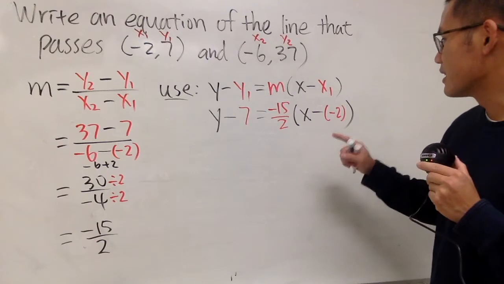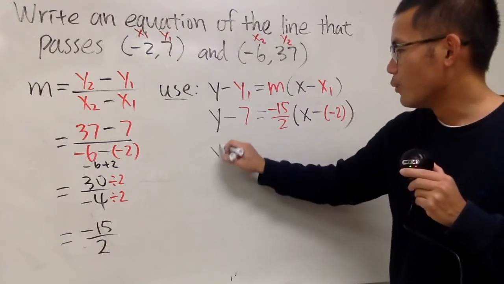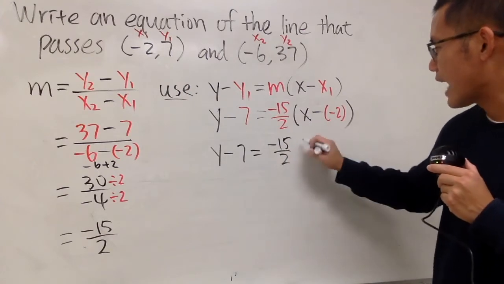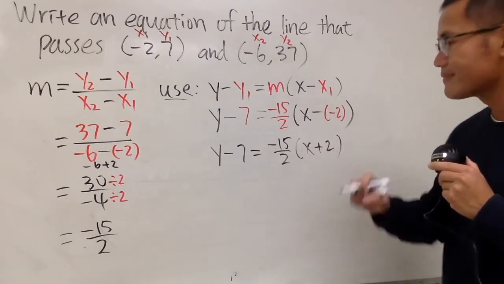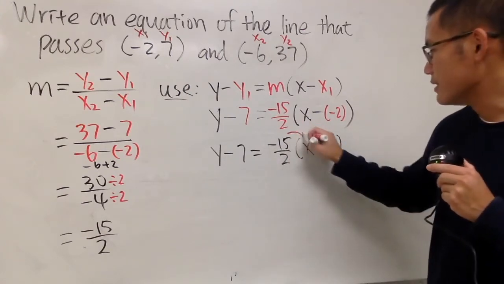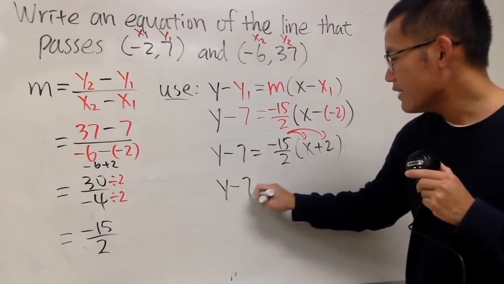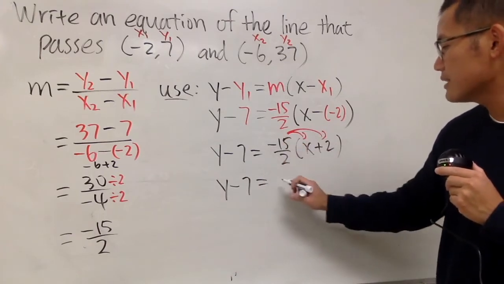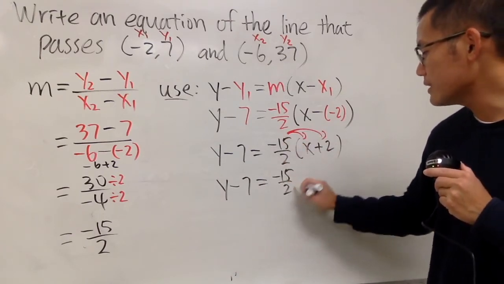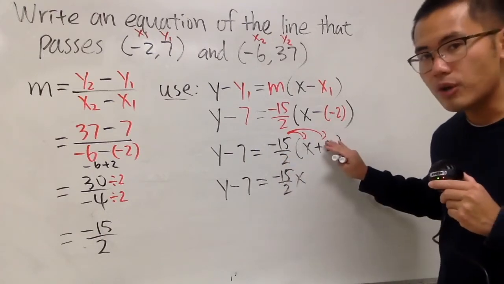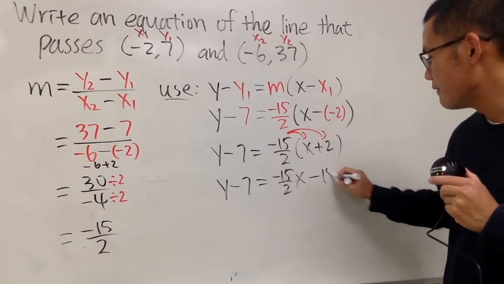First, negative times negative is positive, so we will write down y minus 7 equals -15 over 2 times x plus 2. Then distribute, so we get y minus 7 equals -15 over 2x, and this times 2, the 2 will cancel, so we just get -15.